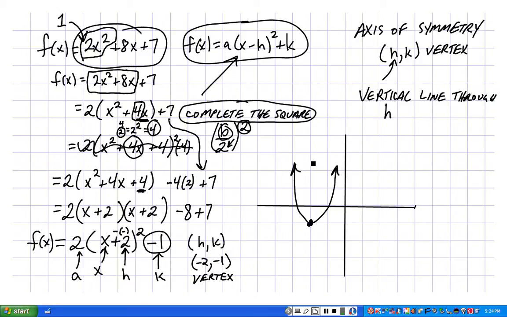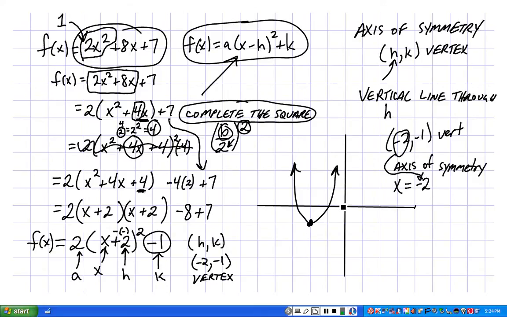Okay, now what we're saying is, because negative 2, negative 1 is our vertex, then our axis of symmetry would be the line x equals negative 2.